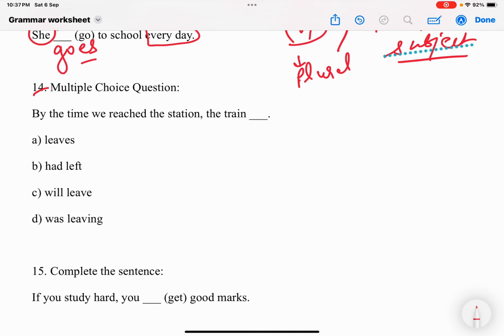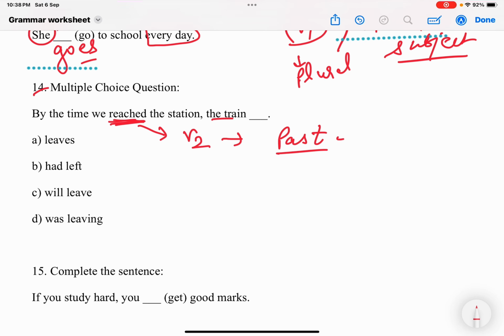Next one is by the time we reached the station, the train dashed. By the time we reached, see this word reached. This is a second form. That means past tense. So this action has already taken place. This is talking about the past tense, not the present.